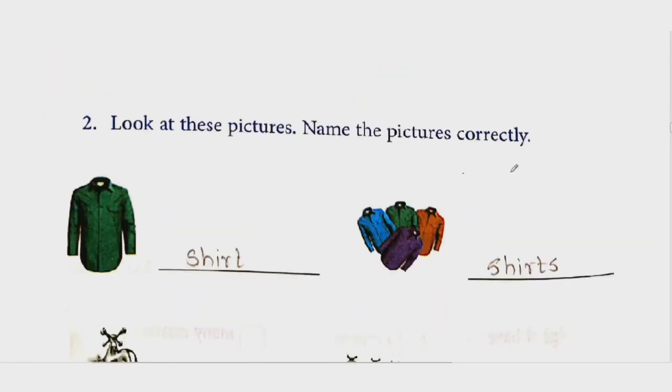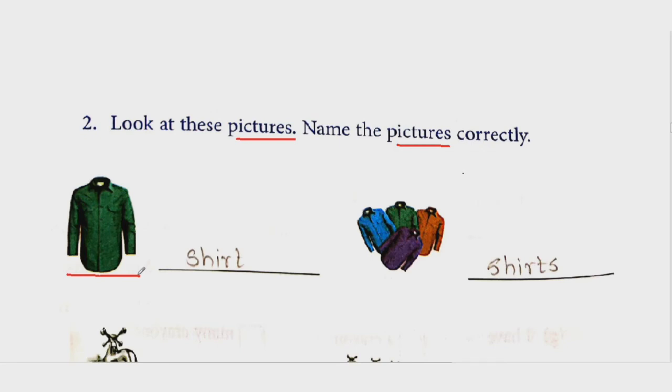Now question number 2. Look at these pictures. Name the pictures correctly. मतलब आपको पिक्चर्स दिए हैं नीचे, आपको देखना है वो पिक्चर में जो भी चीज़ आपको दिखाई है that thing is only one in number or more than one. And according to that you have to write in the blank. So इस पिक्चर में आपको क्या दिख रहा है? This is a shirt. तो शर्ट एक है या एक से ज़्यादा है?